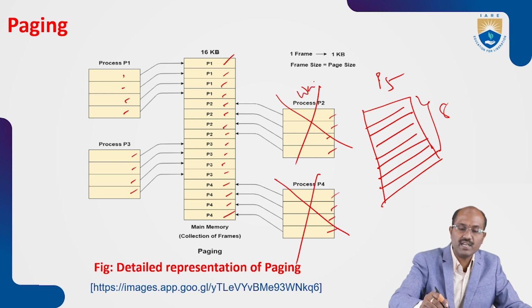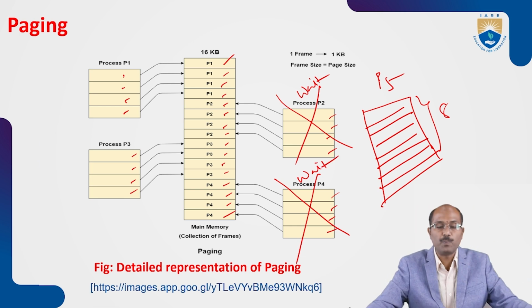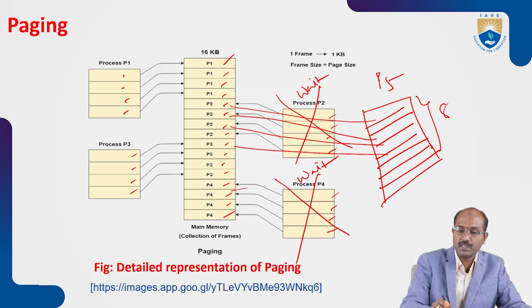Process P2 goes to the waiting state, and process P4 goes to the waiting stage. Then process P5 can occupy the space: the first 4 frames of P2 are occupied, and the next 4 are occupied by P5.